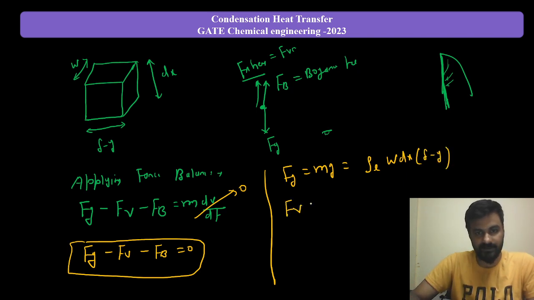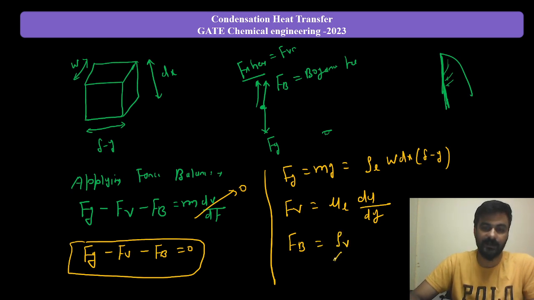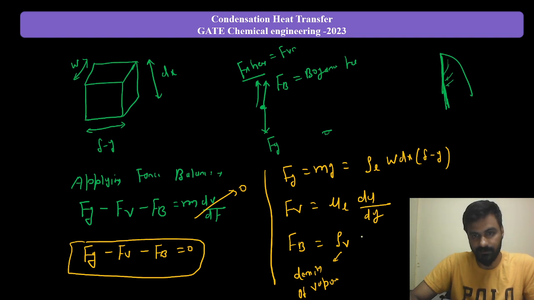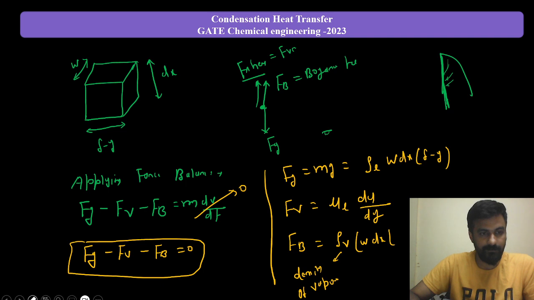F viscous is equal to mu of liquid du by dy, and F buoyancy is equal to rho of vapor, the density of vapor, times the volume of that condensate layer, W dx (delta minus y), times g.